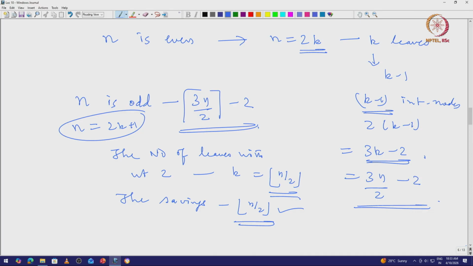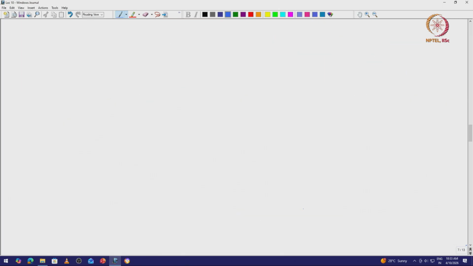Okay? Therefore, we have the complexity like T of n is 2n minus 2, very simple algorithm. The worst case complexity is 5n by 3 minus 2.